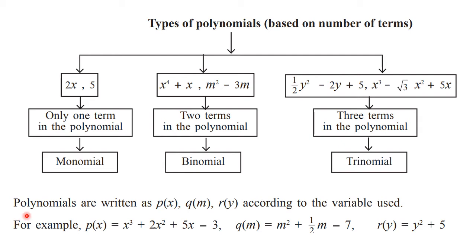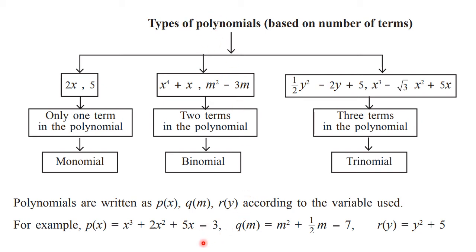So always we denote or write the polynomials as p of x, q of m or r of y like that. And then in front of that we write an equal to sign and then we write that algebraic expression. Whether it can be monomial, binomial, or polynomial. The word poly stands for many.